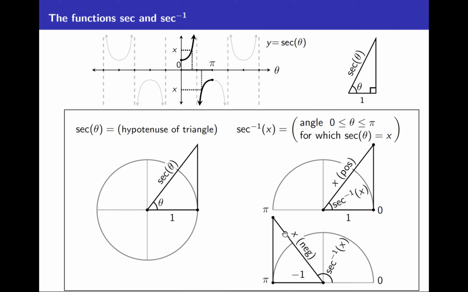And you can think of it this way. Secant is hypotenuse over adjacent on this side of the y-axis. The adjacent side is negative, so hypotenuse over adjacent would be negative, and you're down here in the negative secant realm.